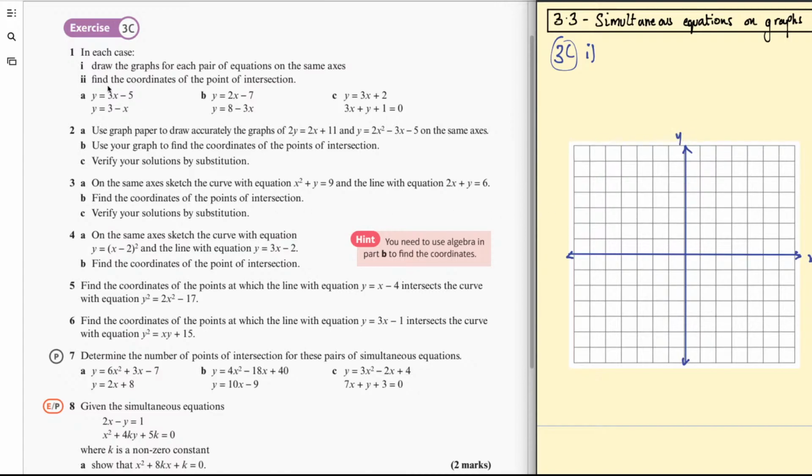All right, this first line has a y-intercept of -5, 1, 2, 3, 4, 5, and a gradient of 3. So this would be up 3 across 1. So my first line looks something like this. This is y equal to 3x take 5.